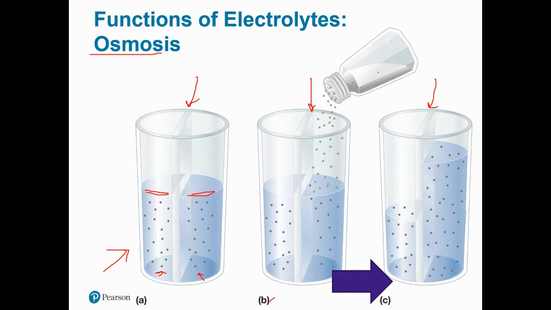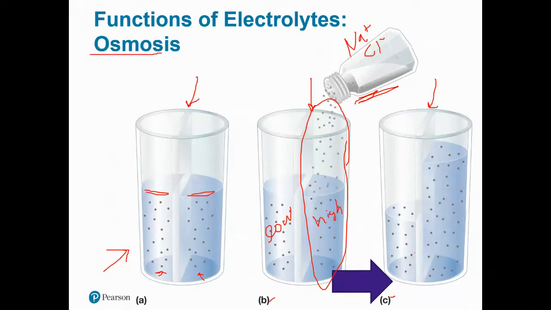In image B, as we add salt, which is sodium chloride, to the right side, we start to increase the solute concentration over here. Especially as we get to C, this is just the progression, we can say that the left side has low solute concentration relative to the right side, which has high solute concentration.